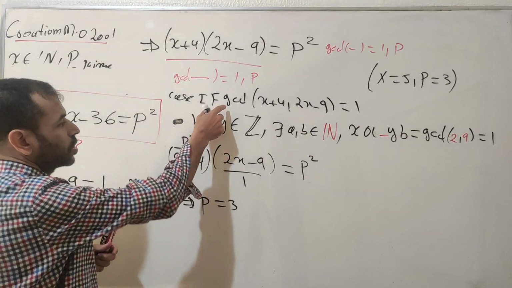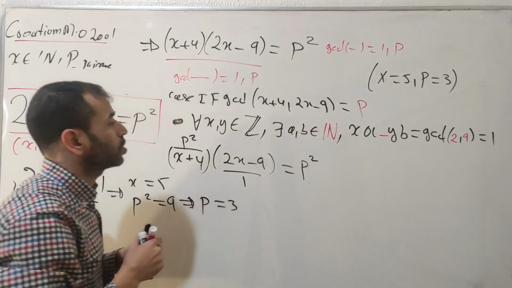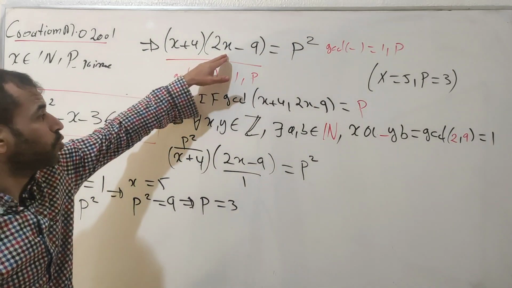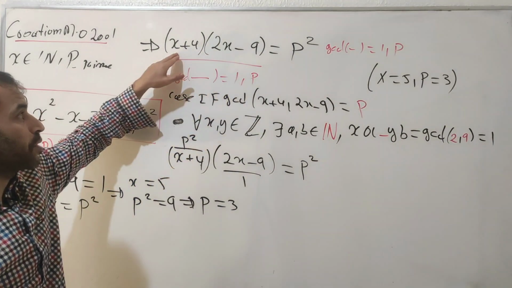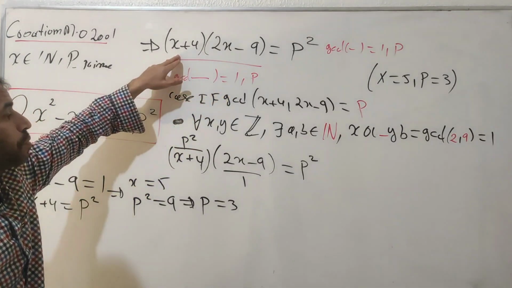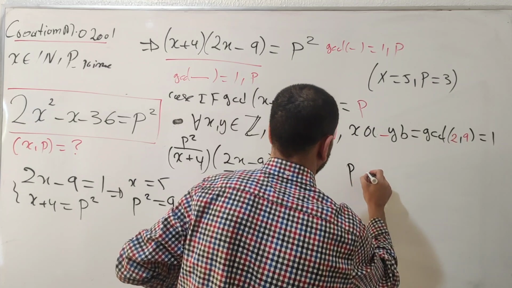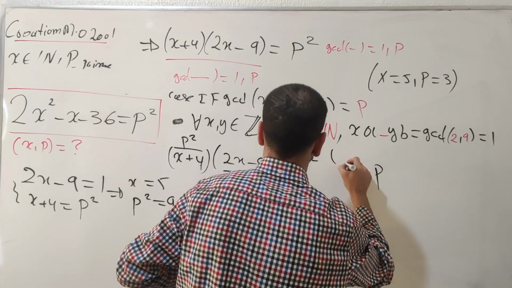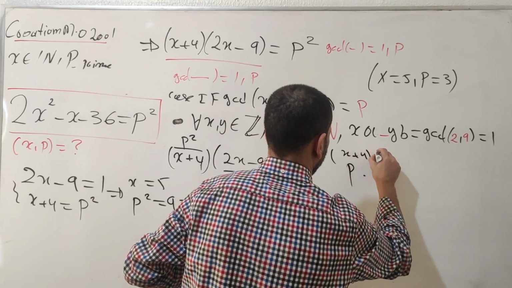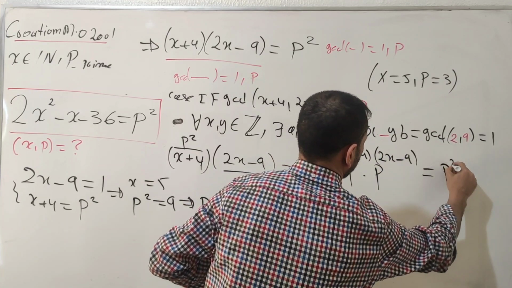Let's go through the second case. Second case: if the GCD of these two terms equals p, what does this mean? That means both of these terms share p as a common divisor, so one of them is p and the other one is p. So factor p will be replaced with x plus 4, and the other p will be replaced with 2x minus 9. It's going to give us the whole thing, p squared.